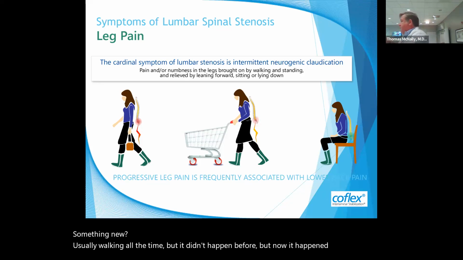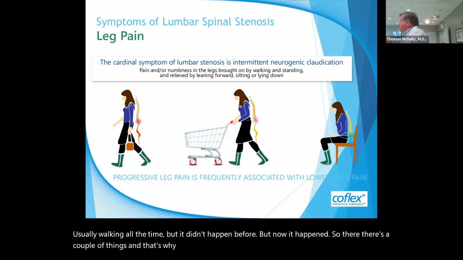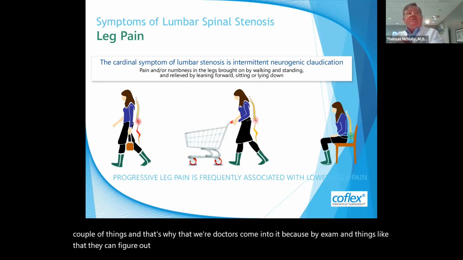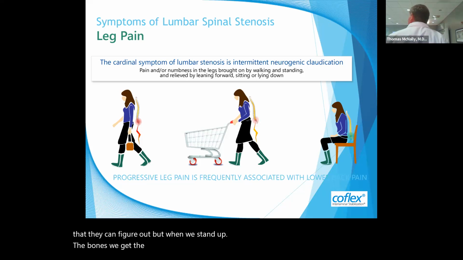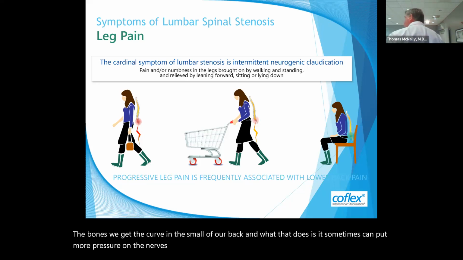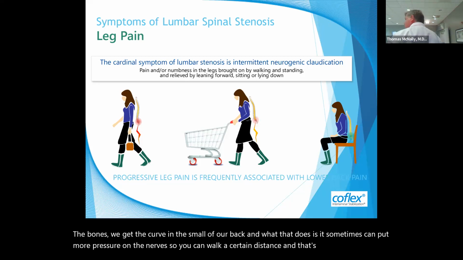There's a couple of things, and that's where doctors come into it, because by exam and things like that, they can figure it out. But when we stand up, we get the curve in the small of our back, and what that does is it sometimes can put more pressure on the nerves. So you can walk a certain distance, and that's when you get the pain in the hips.